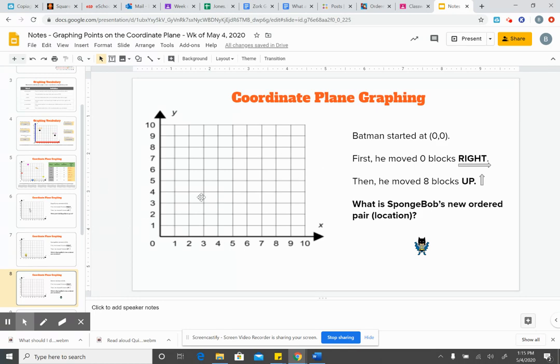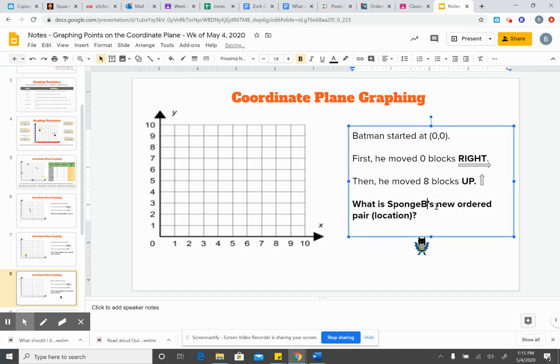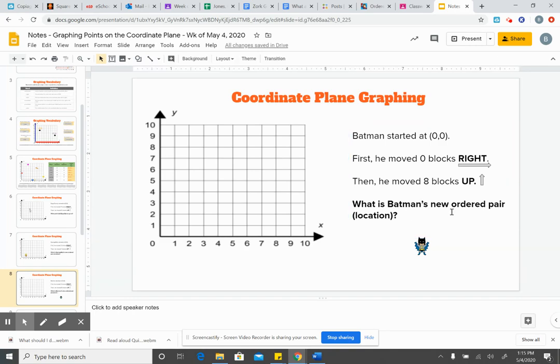Batman starts at 0, 0. He moves 0 blocks right and moves up 8 blocks. What is Batman's new ordered pair? Batman's new ordered pair will be, well, 0 on the x-axis. You don't go anywhere, but you can move up 8 spots.